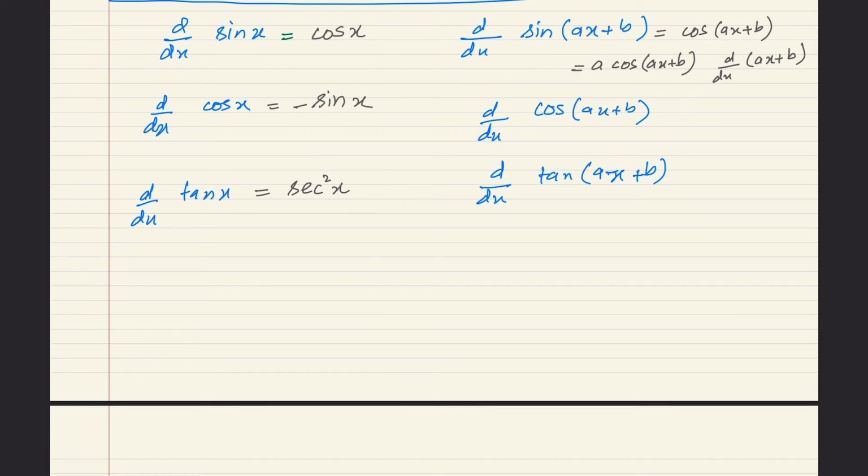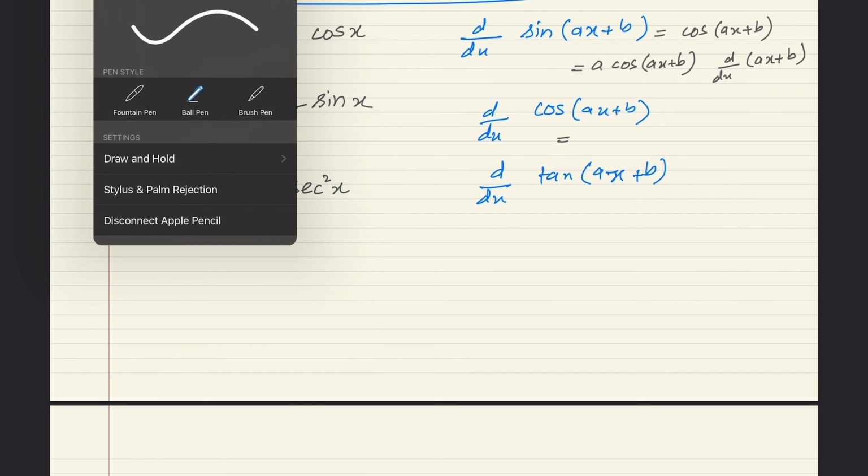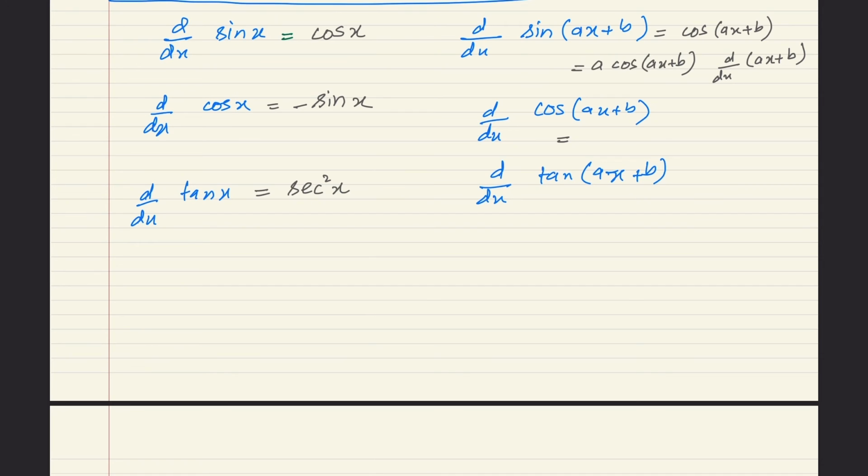So what is the derivative of cos? We know, remember this formula, the derivative of cos is minus sine. So for this function it will be the minus sine, because this is an extension of the same formula, ax plus b, and when you take the derivative of the inside function it will be only a.